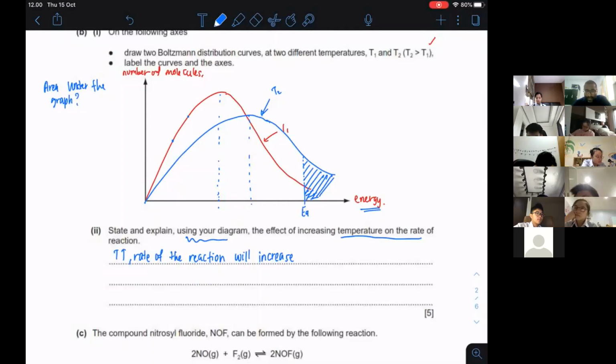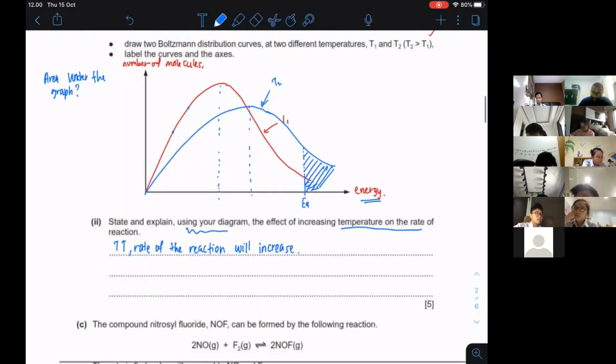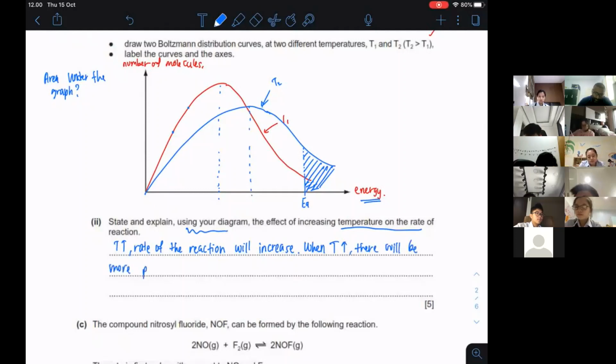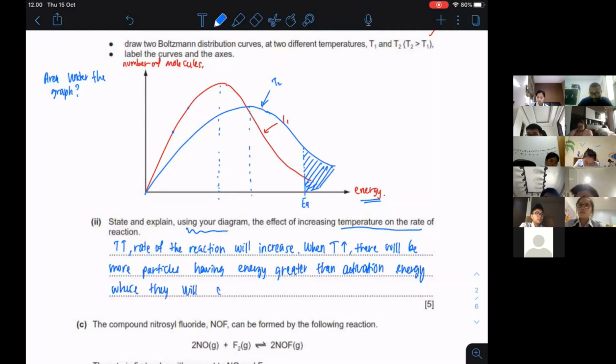So here what you need to do is, when temperature is increased, there will be more particles having energy greater than activation energy, where they will collide successfully.